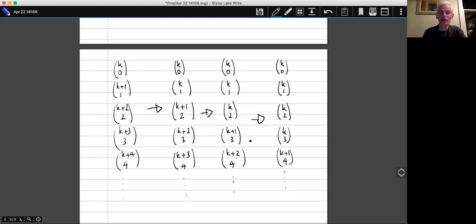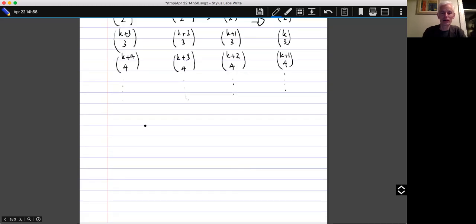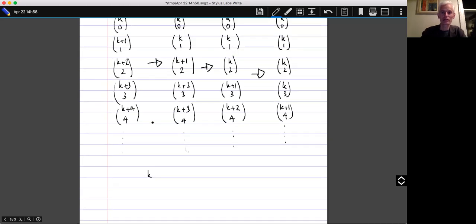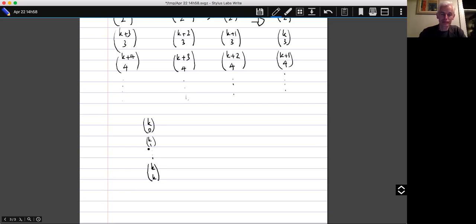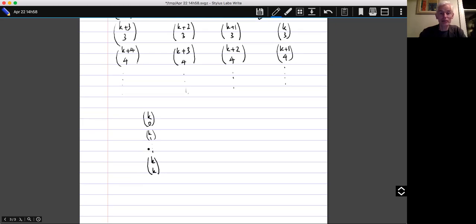And we can see by induction that if we keep going enough times, we're going to end up with k choose 0, k choose 1, all the way down to k choose k. And that's actually basically finished the proof.